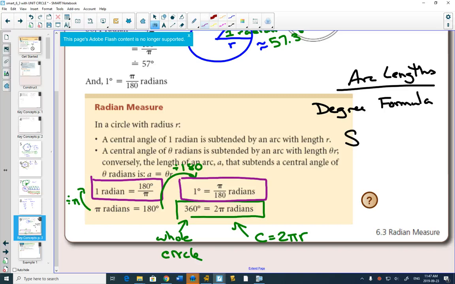Not sure why the letter S for arc length. But the formula that we came up with in degrees is we said, take whatever angle and make it out of 360 because that's the proportion of the circumference that you have. This formula is not on your formula sheet. On your formula sheet, you have the formula for radians.